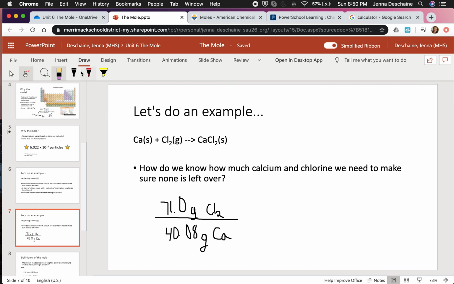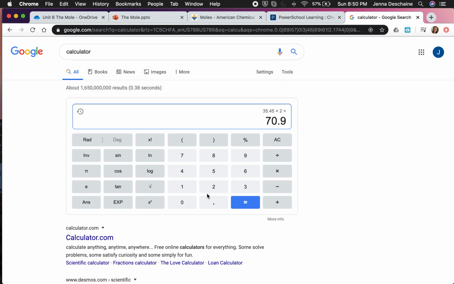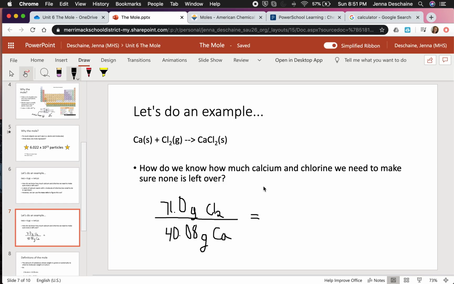So then if I do that calculation, 71 divided by 40.08, that equals approximately 1.77. Okay, so that is the mass ratio of chlorine to calcium.